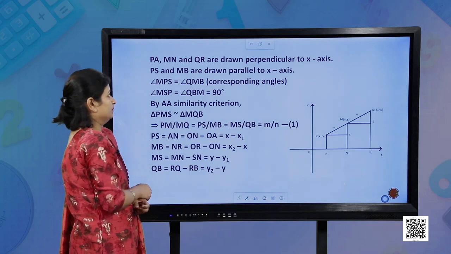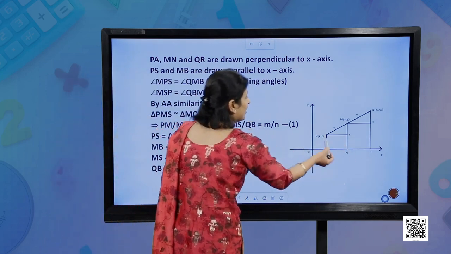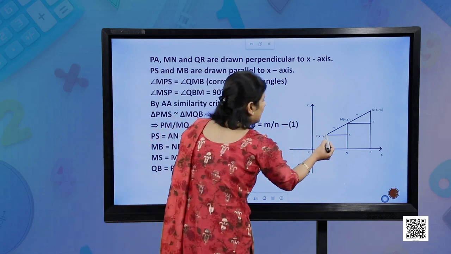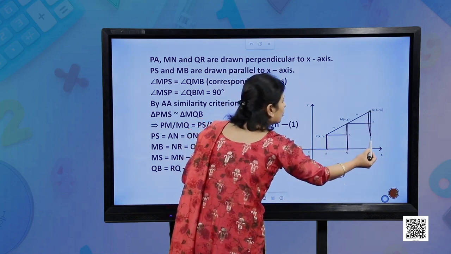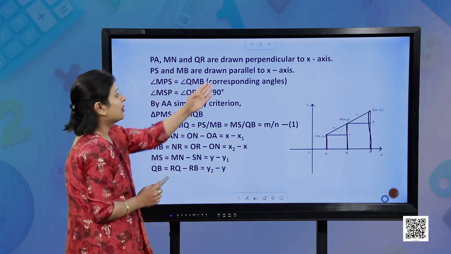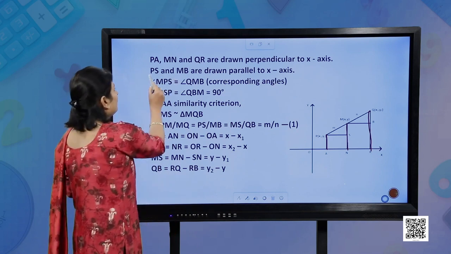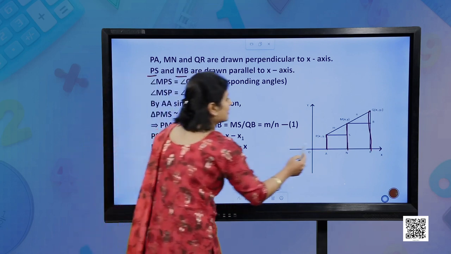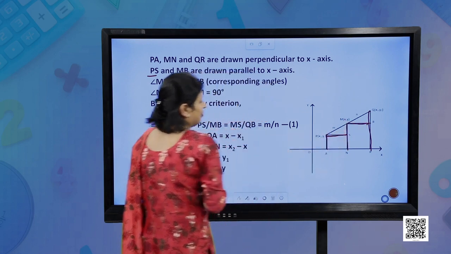Now we consider these three lines parallel to the y axis, PA, MN and QR. PA, MN and QR are drawn perpendicular to the x axis, and PS and MB are drawn parallel to the x axis.